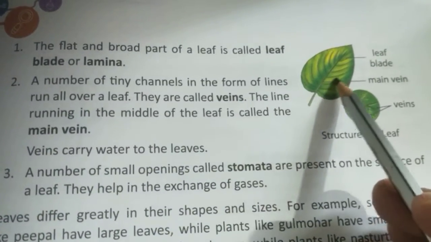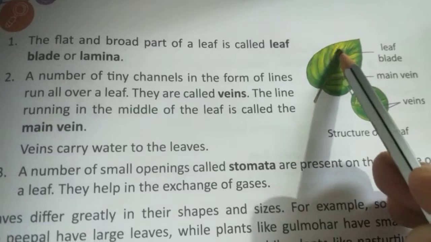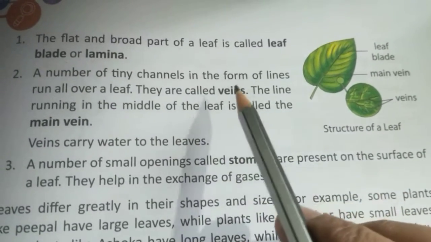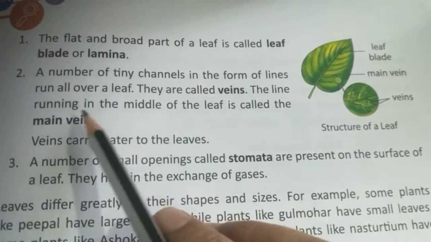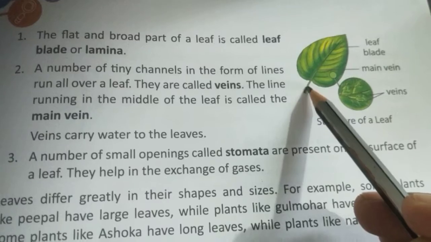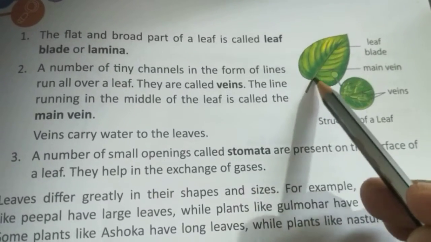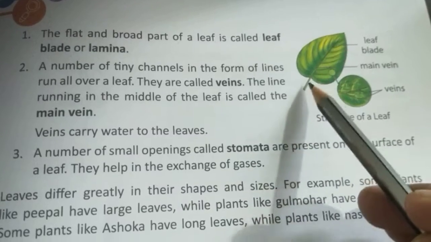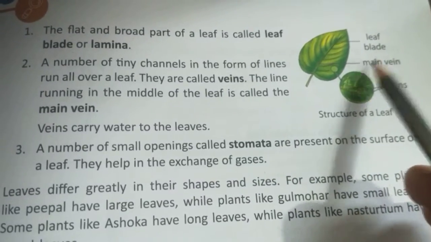They are called veins. The line running in the middle of the leaf is called the main vein.